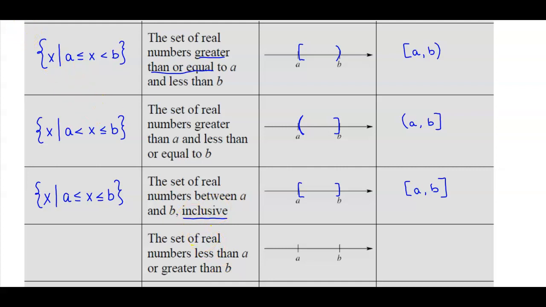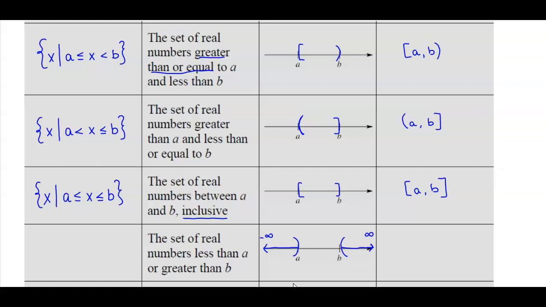Okay, this next verbal description says the set of real numbers that's less than a or greater than b. So if we say less than a, we have a parenthesis that's going towards the left and it's going towards negative infinity. And then it says or greater than b, which means that we have a parenthesis going towards the right, towards positive infinity.